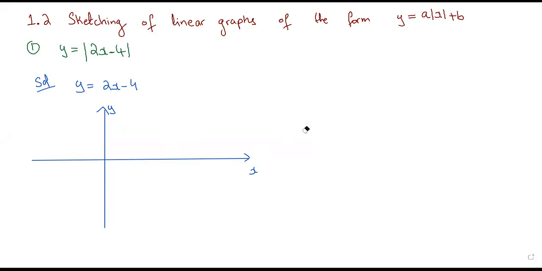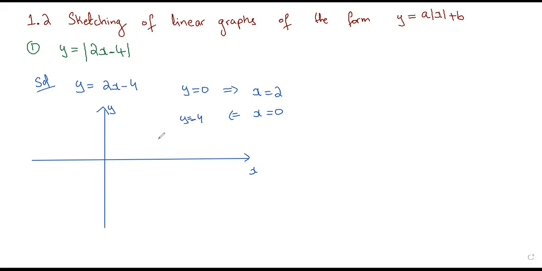All right, so using y equals 0, we are going to get x equals 2, and using x equals 0, we would get y equals minus 4.